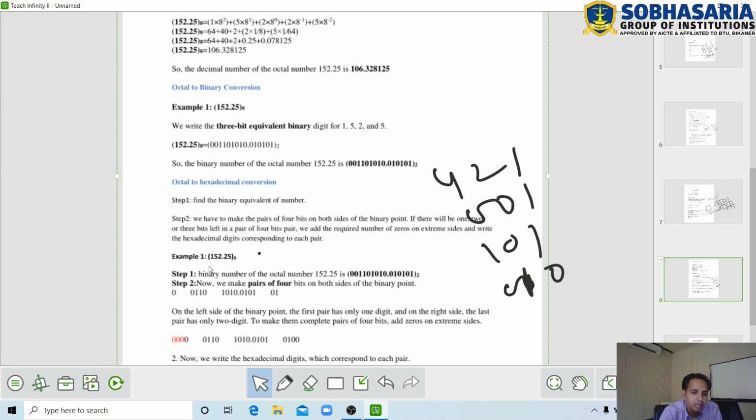For example, we take 152.25. In the first step we take the binary number of this octal number.